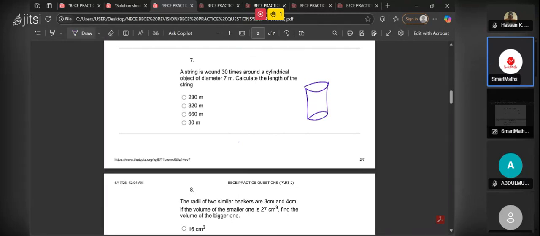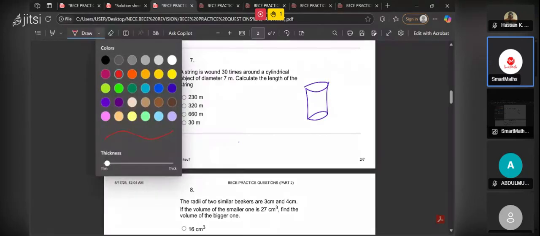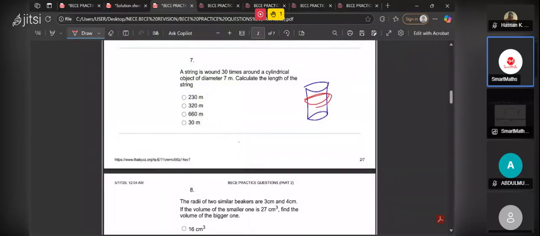We want to circle it. You use a rope like this to wind it 30 times. You can see that the rope is forming a circle. Good. We now need to calculate the perimeter of that circle.